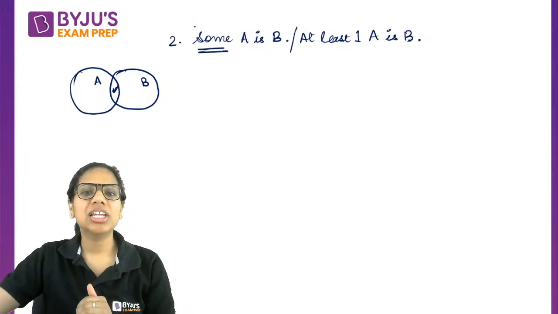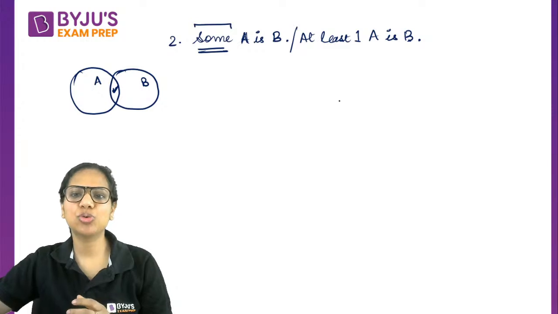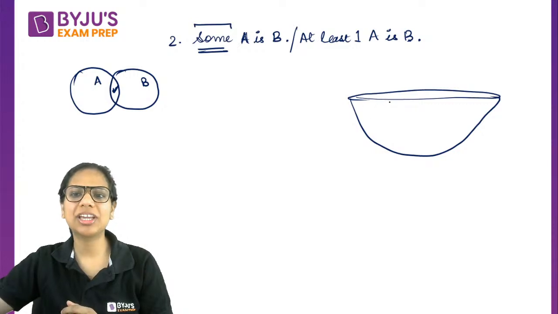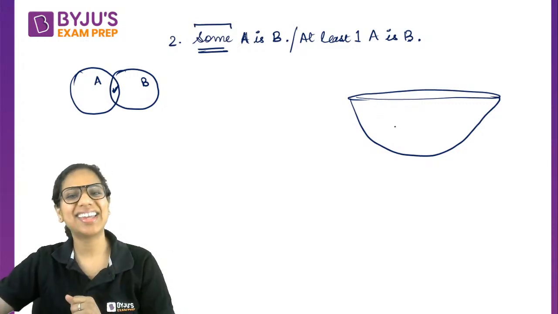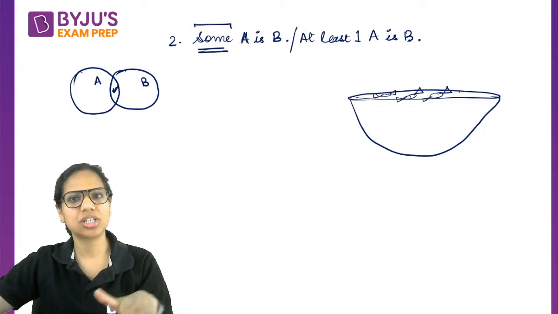But let's look at it logically, from the world of logic. When I say some A is B, let's imagine a bowl of toffees. There is this bowl of toffees. Now it's an opaque bowl, let's say made of steel. So you can just see the toffees on the surface. You can't see what's there inside.